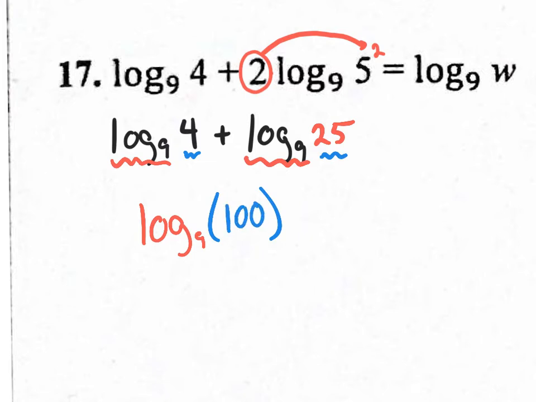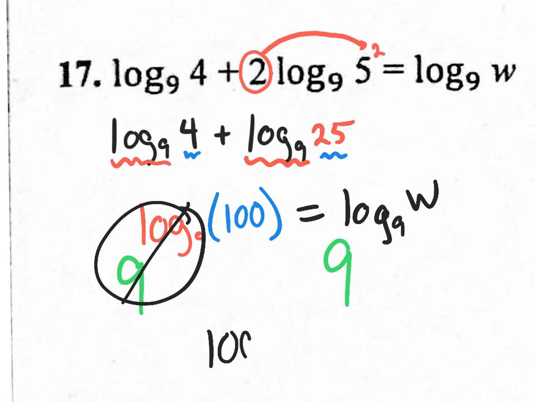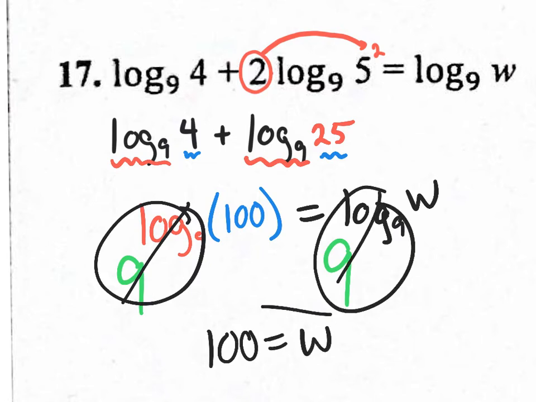So we have log base 9 of 100 equals log base 9 of W. And now we could get rid of that log base 9 by raising both sides of this equation to become powers of base 9. And 9 to the log base 9 eliminates. We have 100. 9 to the log base 9 eliminates. We have W. And guess what? We're done. 100 equals W. W equals 100.